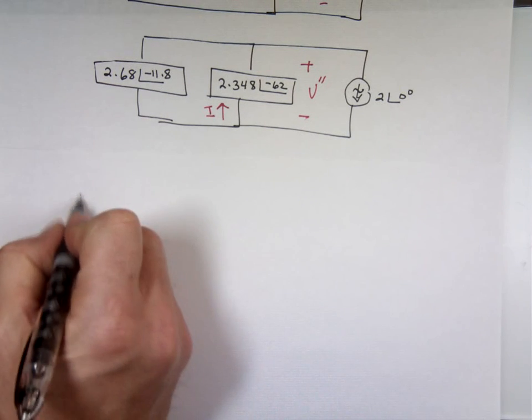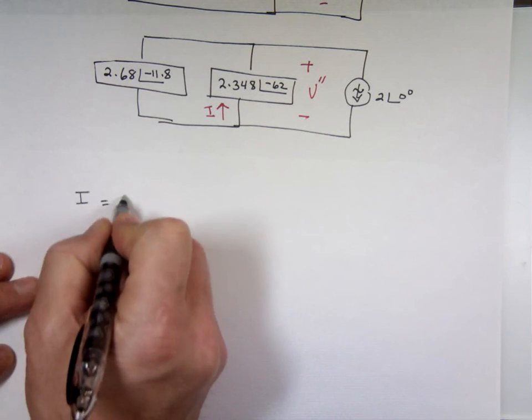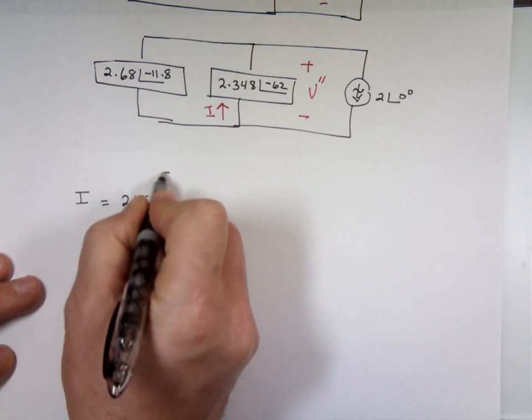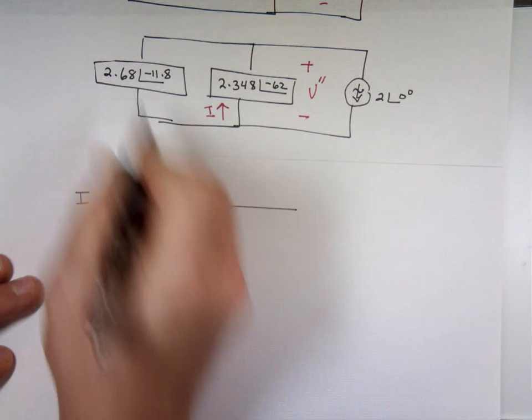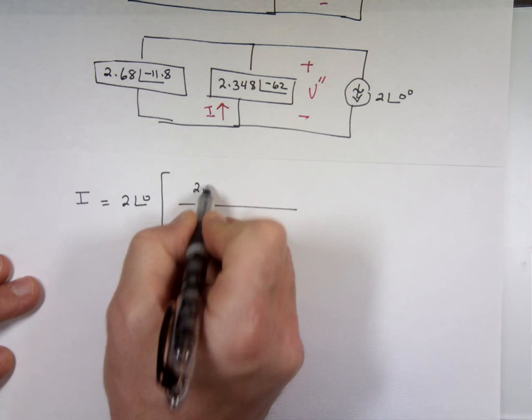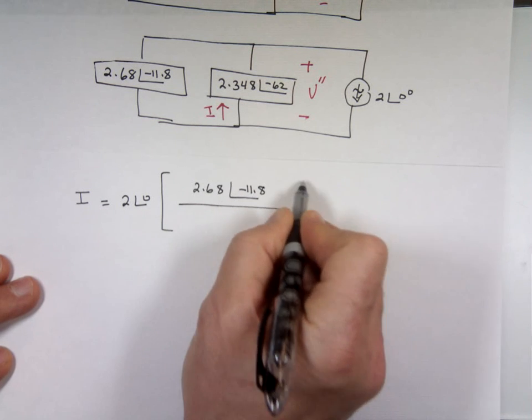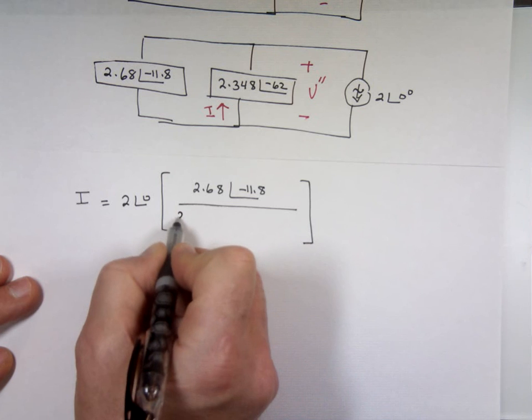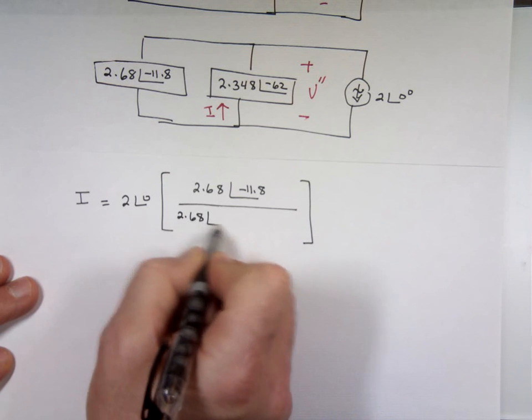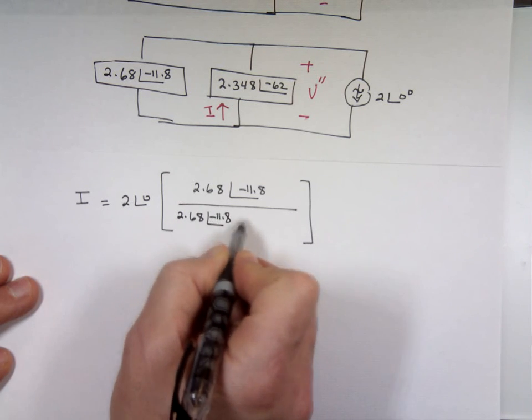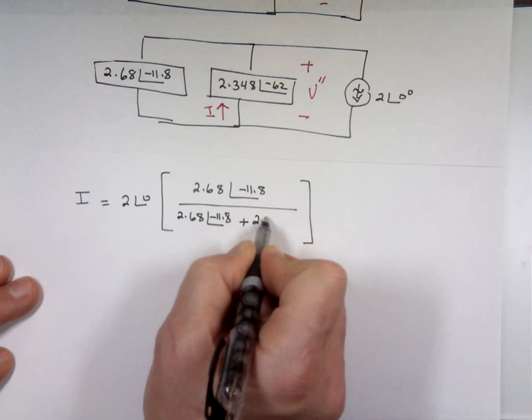So what is I equal to? 2 angle 0 times that resistor, 2.68 angle -11.8, over the sum of them, 2.68 angle -11.8 plus 2.348 angle -62.